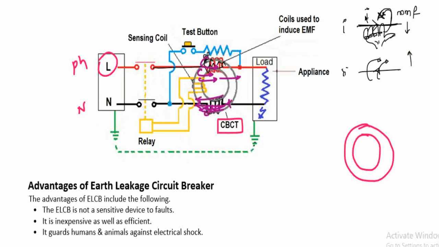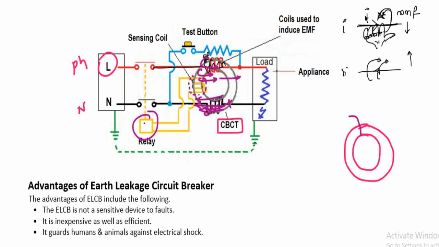We have another coil, that is the trip coil, another winding here. This winding will have an EMF effect. That means if there is an MMF, that is a net flux, this net flux will link with this coil, and that coil will develop some voltage at the relay box.